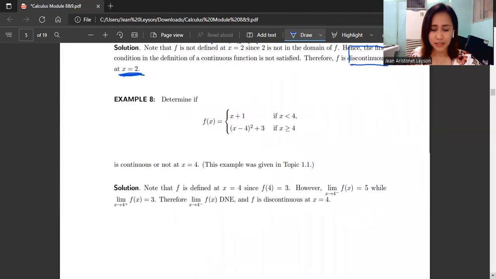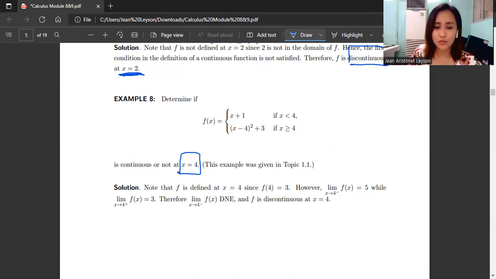Example number 8. We have here a piecewise function. Determine if the function is continuous at x is equal to 4. So this example was given in topic 1.1, in our previous discussions. So solution. Note that f is defined at x is equal to 4.